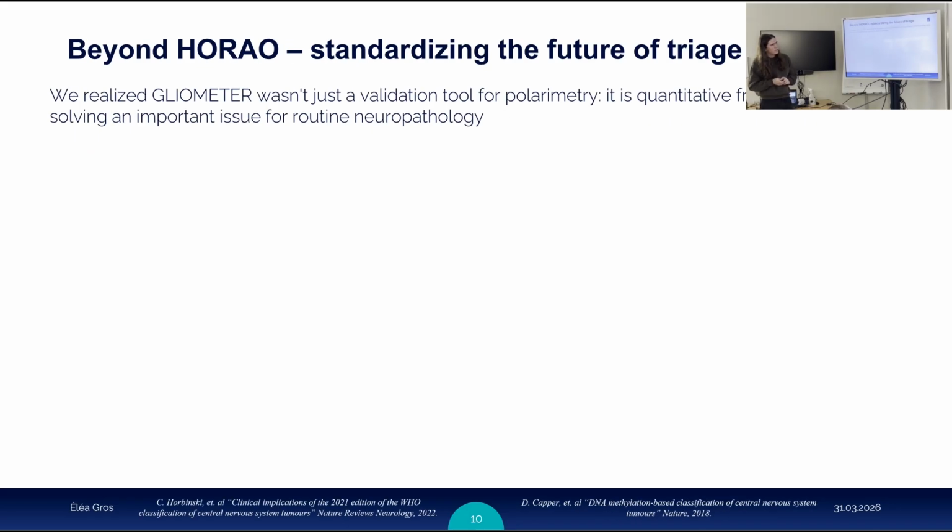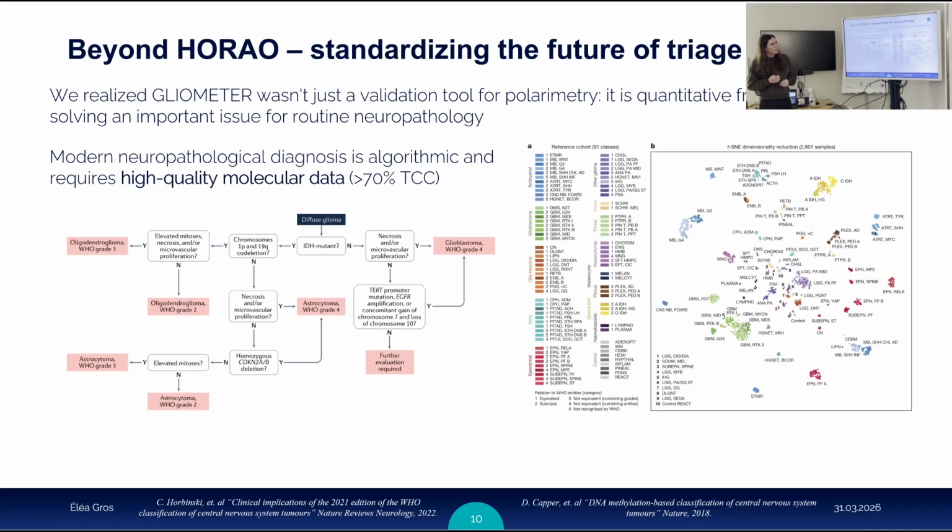We also realized that this was not only about ORAO, but this could have way bigger implications in the future, because basically this could be a quantitative framework for high-grade glioma, and this could solve an important issue in routine neuropathology, especially current neuropathology. Nowadays the neuropathological diagnosis that you have is algorithmic and it requires high quality molecular data.